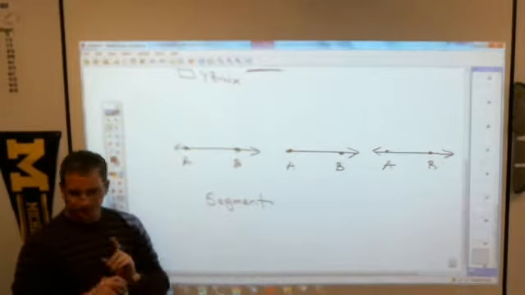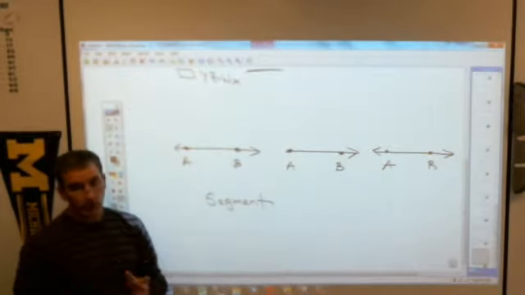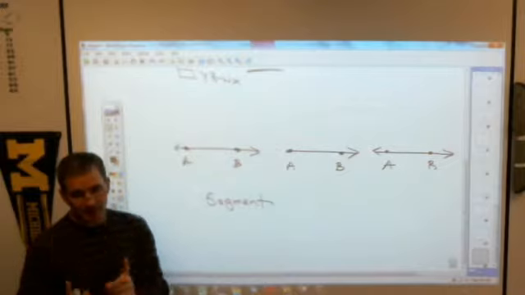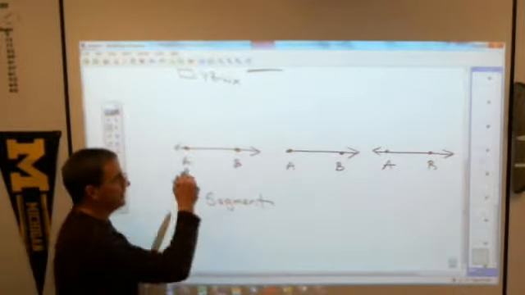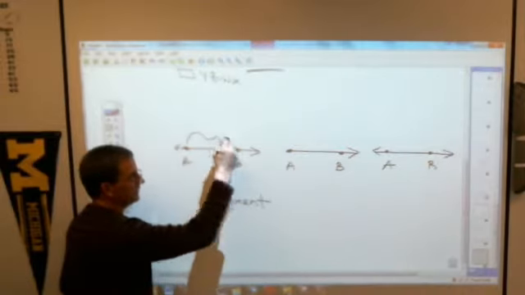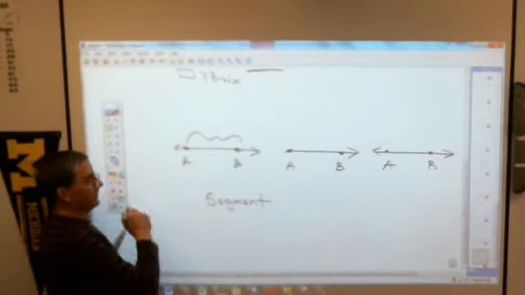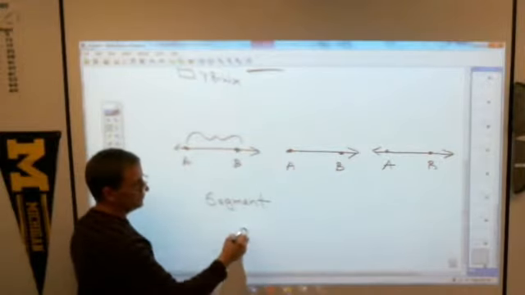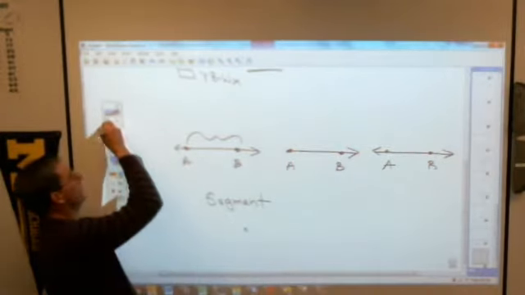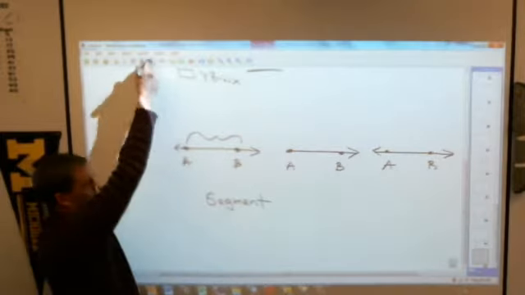That is why, if you are just talking about the segment part of it, if you are just talking about this part right here, when you label that on your paper, you have to do this.